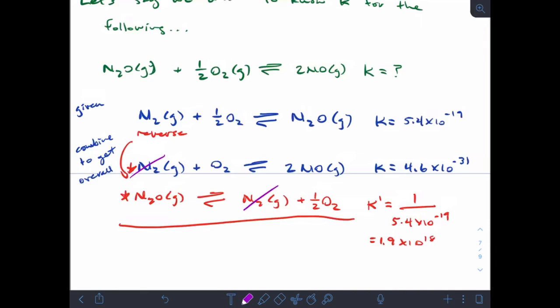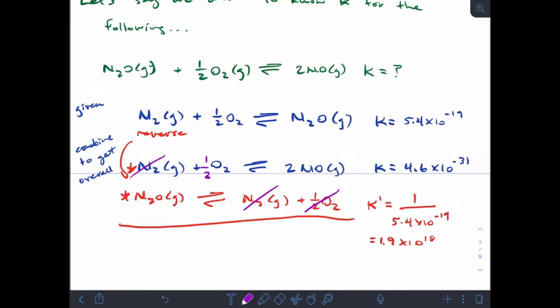The O2s, the oxygens, are on opposite sides of the equation. So if I have one O2 on top and half an O2 on the bottom, 1 minus a half leaves me with a half. So that one will go away and this will become 1/2 O2. Right? And I don't have anything else that I can manipulate. I'm not adding anything. There's nothing else that's the same on both sides.